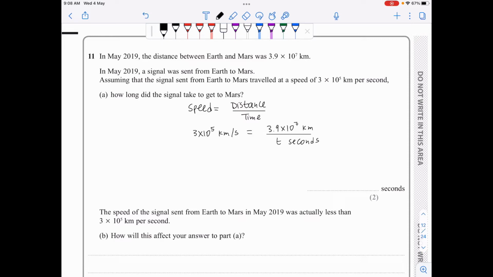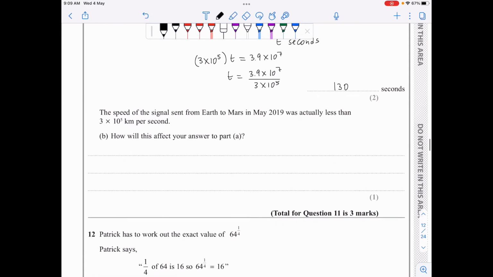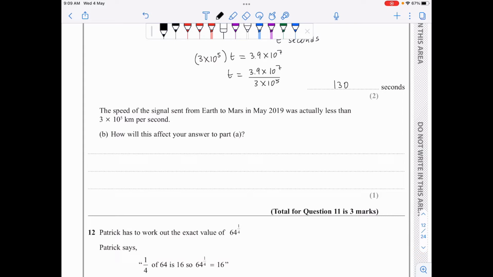So in order to find t, I will cross multiply. So 3 times 10 to the 5 times t is 3.9 times 10 to the 7. So t is 3.9 times 10 to the 7 over 3 times 10 to the 5, which I'm told is 130 seconds by my calculator. Then, the speed of the signal sent from Earth to Mars was actually less than 3 times 10 to the 5.